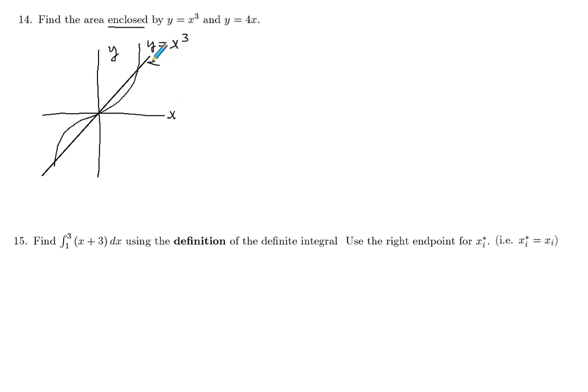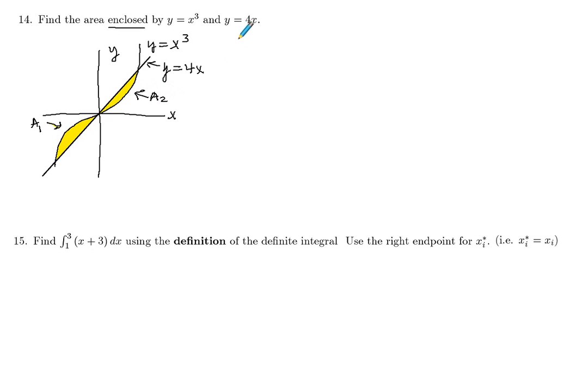So this is y equals 4x. And then we want to find the enclosed area. So we want to find that area plus that one. But notice that x cubed is an odd function, because of the odd exponent, and 4x is an odd function. Those both have symmetry. So notice by symmetry that these two areas are equal to each other. So let's call this area here area 1, and we'll call this one area 2.